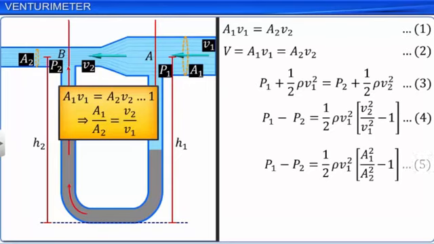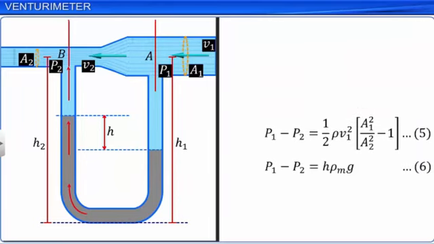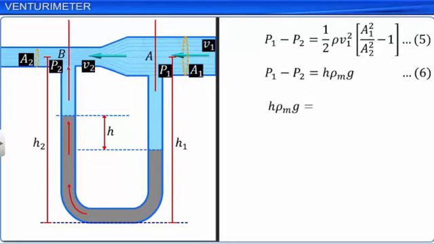The difference in the pressure at points A and B can be measured as the difference H of the liquid level in the 2 arms of the manometer tube. Thus, the pressure difference is equal to H ρm g. Let this be equation 6. From equations 5 and 6, we get equation 7 as shown.